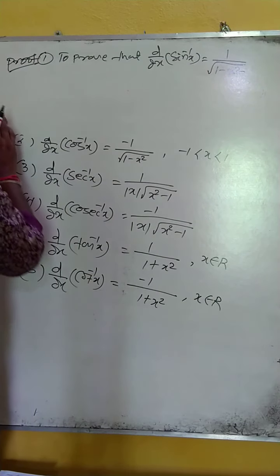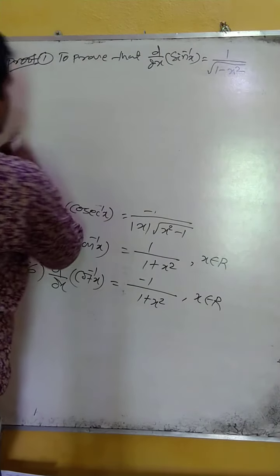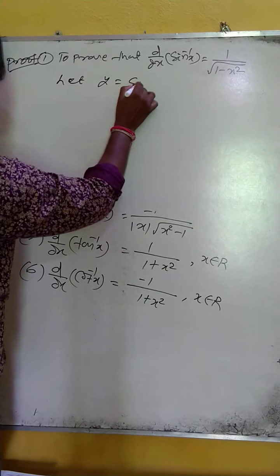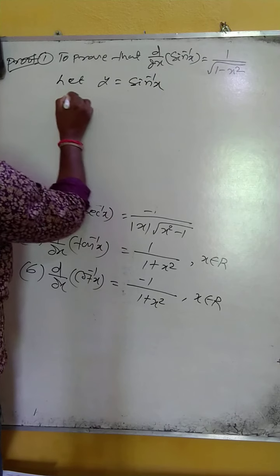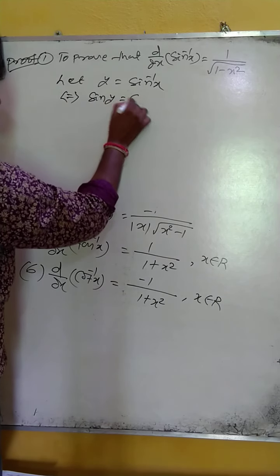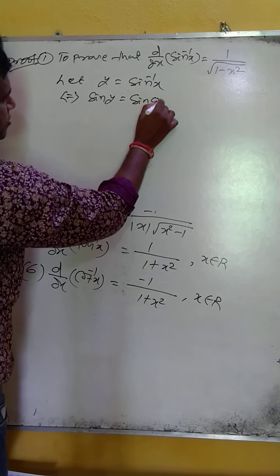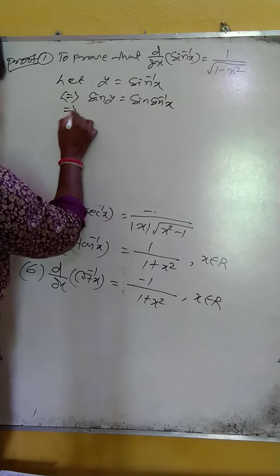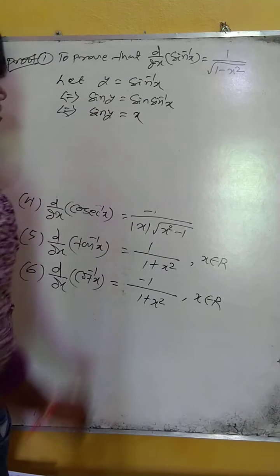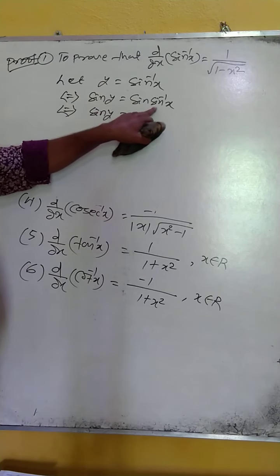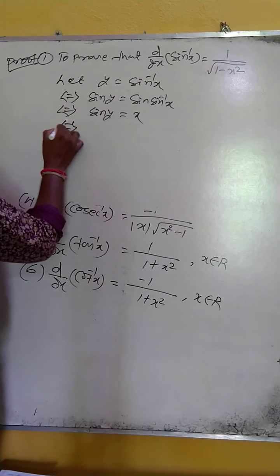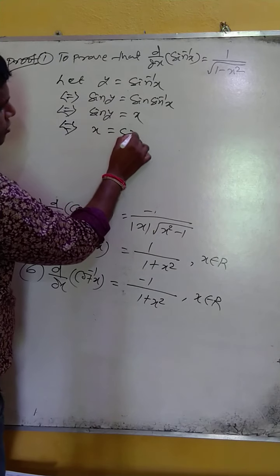Okay, let y is equal to sin inverse x. If we take on both sides sin y is equal to sin of sin inverse x, that implies sin y is equal to x, identity function x, that equal to x. Then we write it x is equal to sin y.